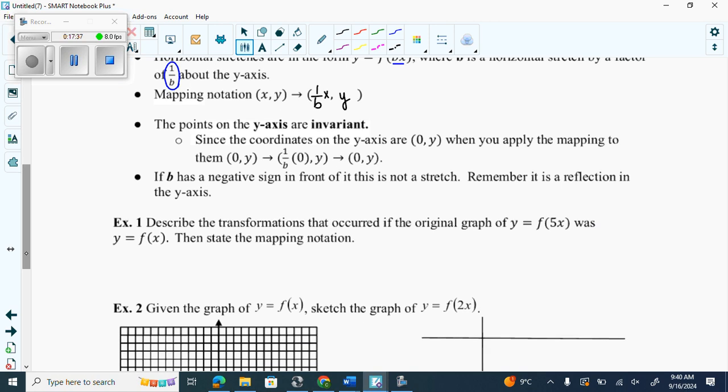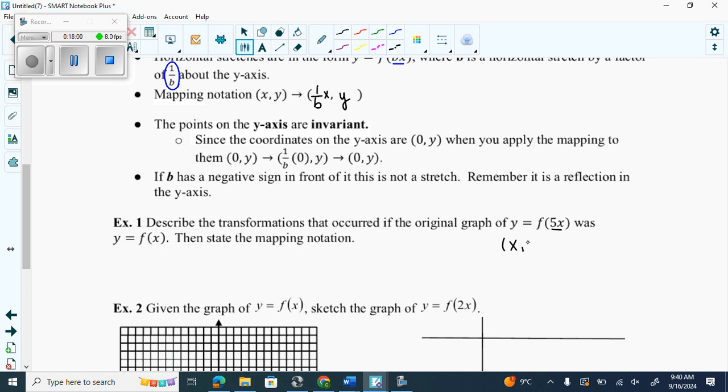So, in this one here, it says describe the transformations that occurred if the original graph of y equals f of 5x was y equals f of x. Then state mapping. So, is this affecting the x or the y? It's affecting the x. Do you agree? So what's my mapping going to be?